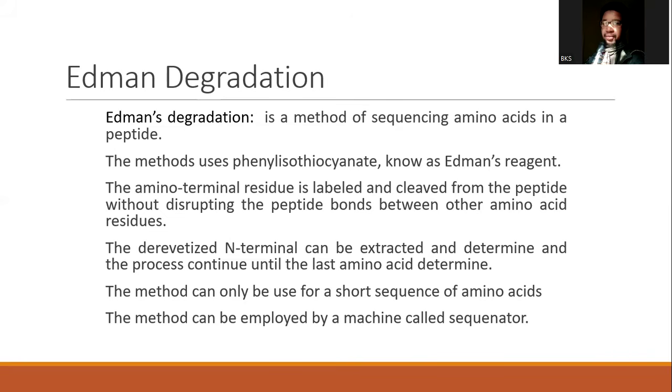So when you have phenyl isothiocyanate reacting with the N-terminal amino acid, you produce a PTC adduct, which is a phenylthiocarbamyl adduct.